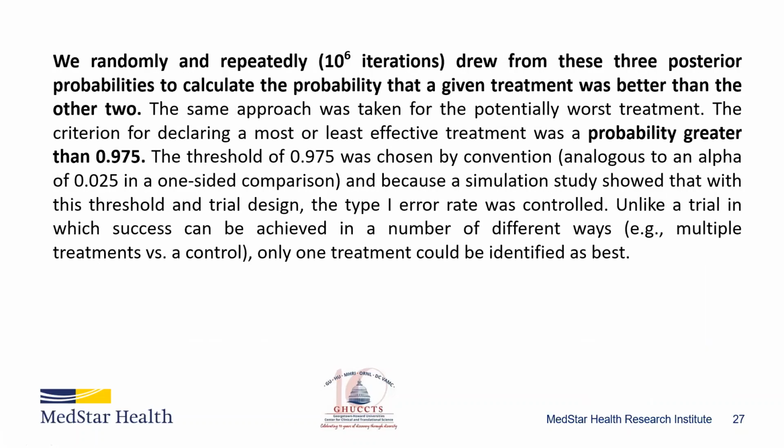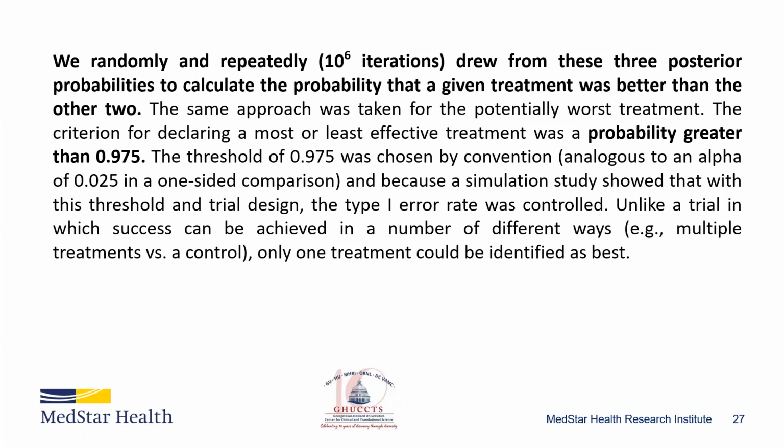So in their methods, the way that they analyzed their data and updated their prior to the posterior is that they randomly and repeatedly, a million iterations, drew from these 3 posterior probabilities to calculate the probability that a given treatment was better than the other 2.